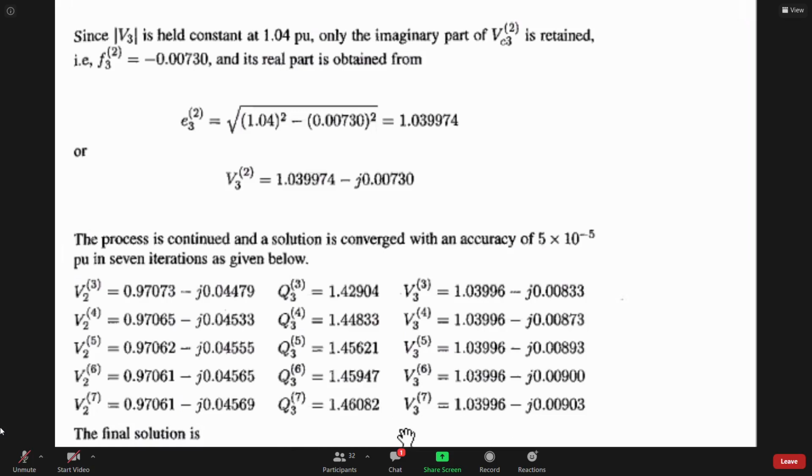So for the voltage limit, you have to maintain that accuracy. P and Q are not the botheration point. Only the voltage, you have to consider that accuracy. If it is P or Q, you don't need to bother about that. It is actually the outcome of V2 and V3.